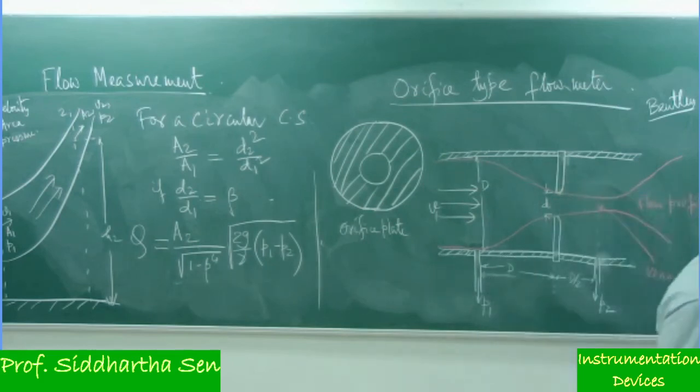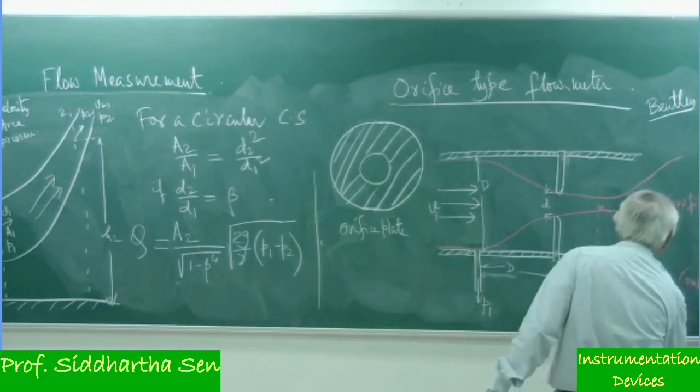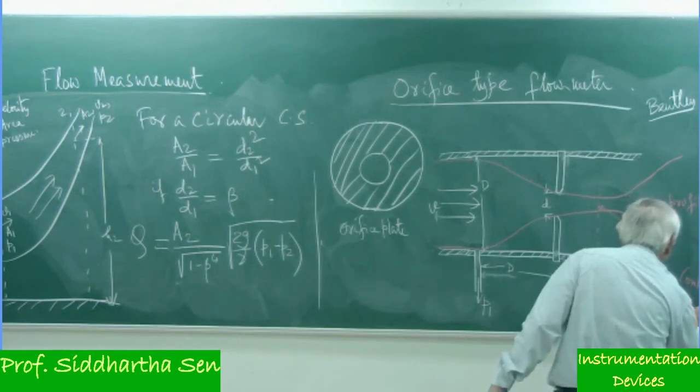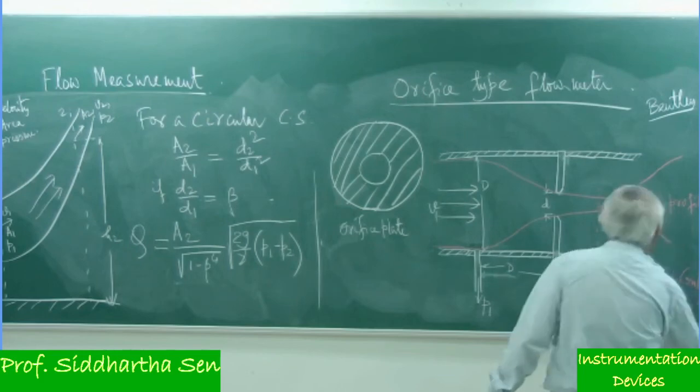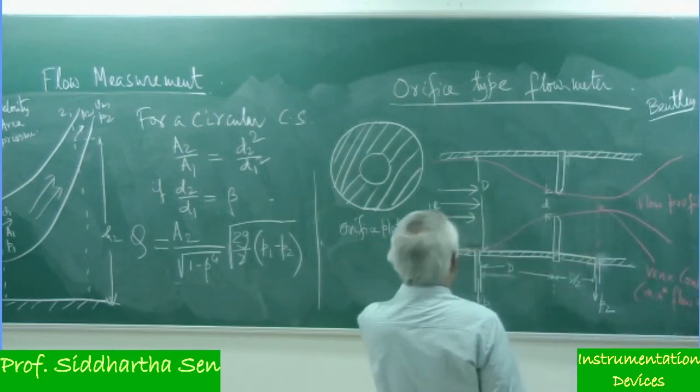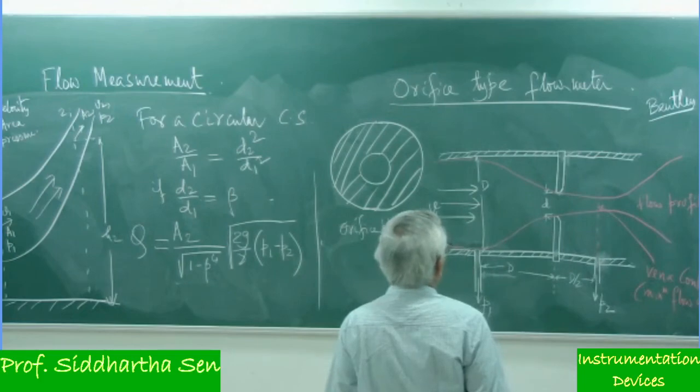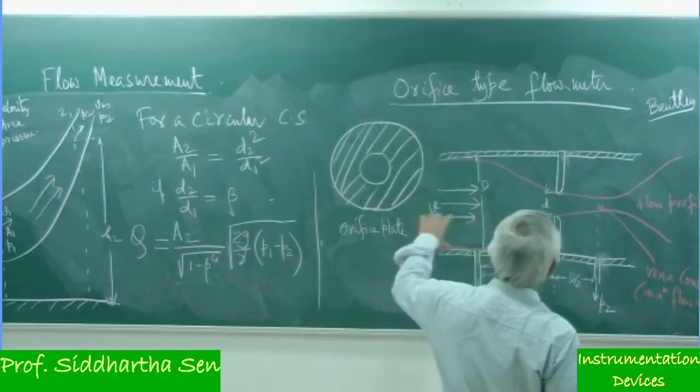Because these things are very old, a Latin name, from the 16th century, 15th century, and this is named for the minimum flow area. So this is a minimum flow area, and that is actually the flow pattern.